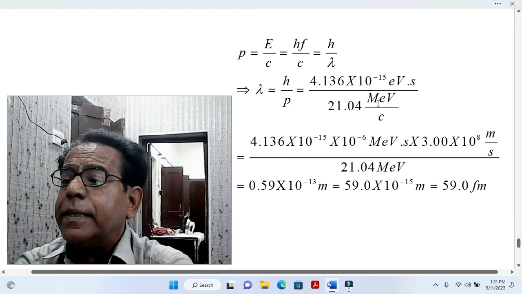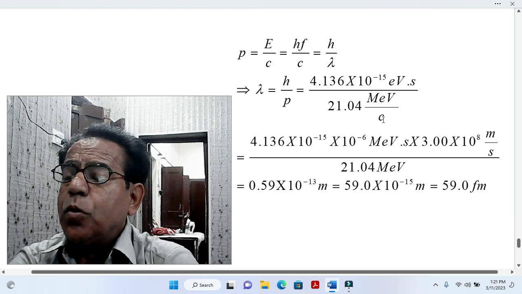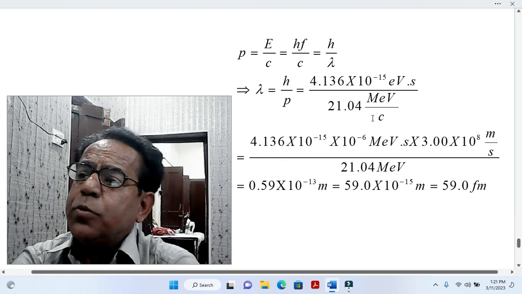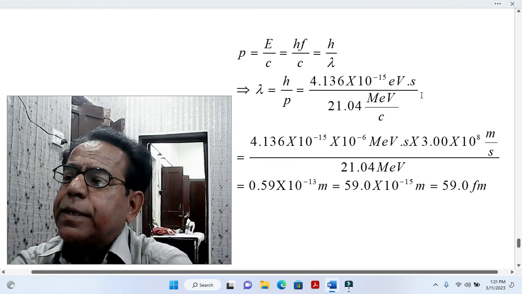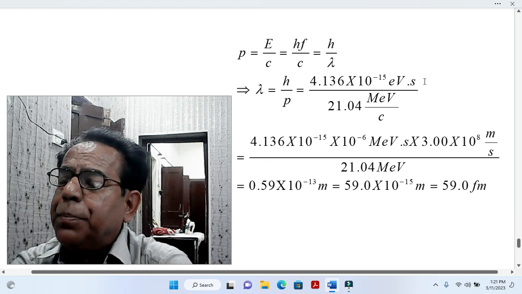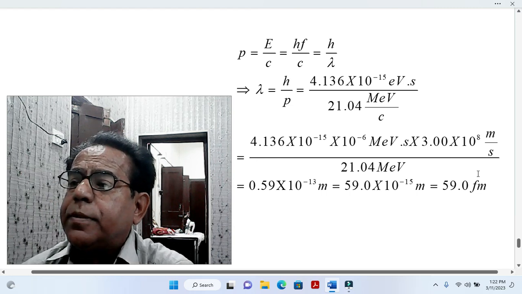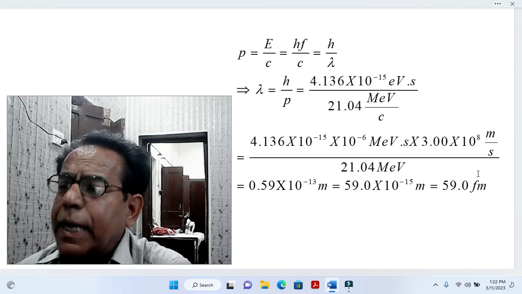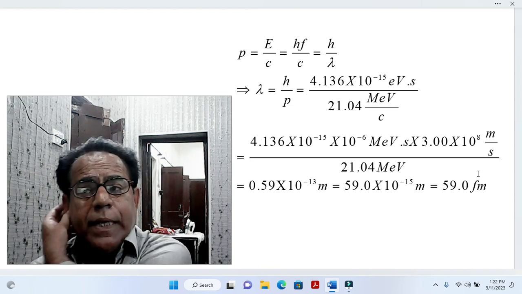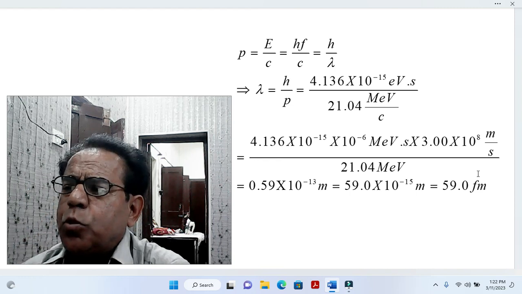Dear students, here c, which is in the denominator of the denominator, will be reversed and will appear in the numerator. c will be multiplied with this factor, and here in place of the symbol c we have used its value, which is 2.998 into 10 raised to the power 8 meter per second, and we usually take it as 3.0 into 10 raised to the power 8 meter per second.